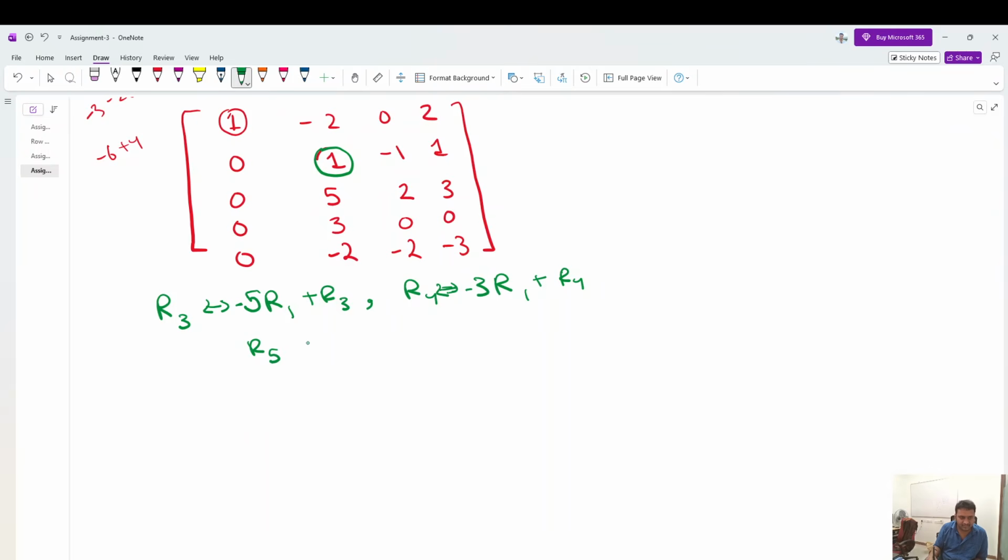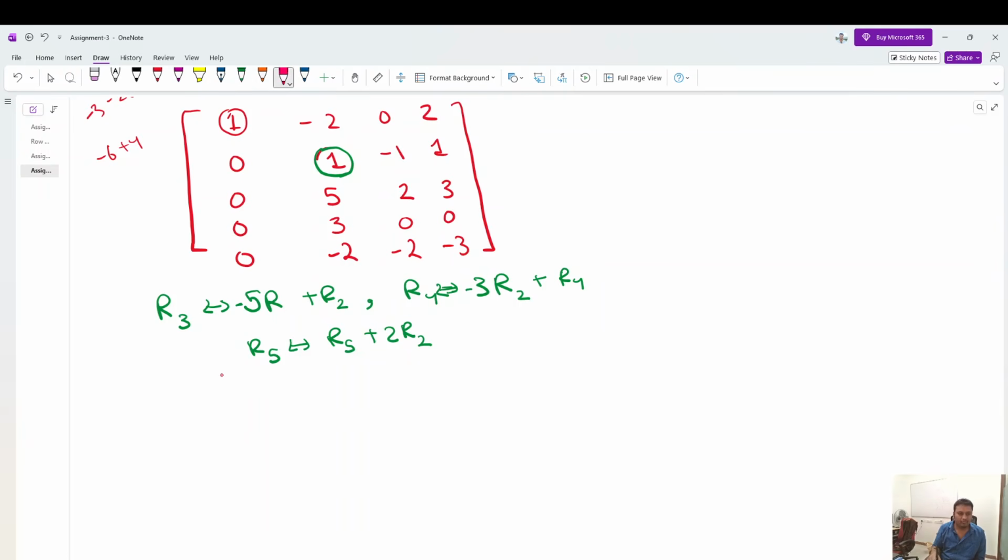And row 5 changes to row 5 plus twice row. Something I'm doing wrong. Oh, no, no, it's not row 1, it's row 2. Because this is what my pivotal element is. So 2, and this is 2.